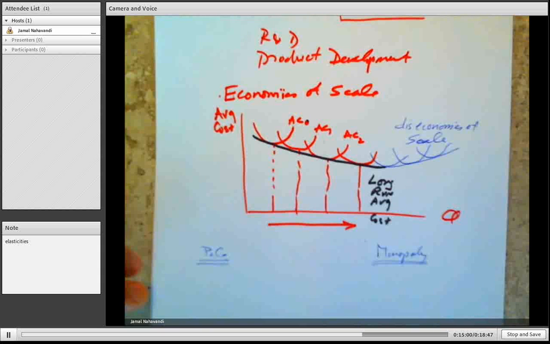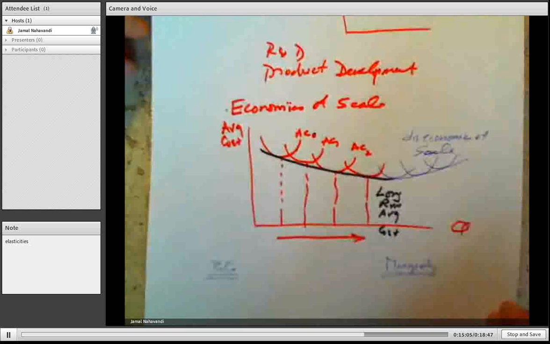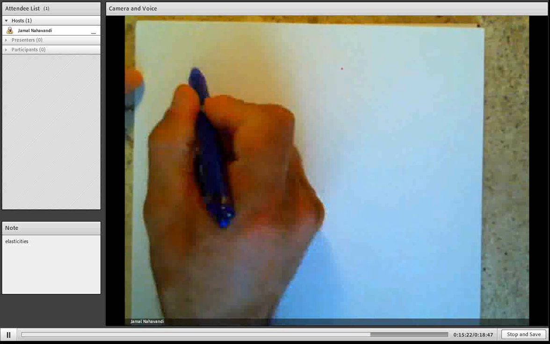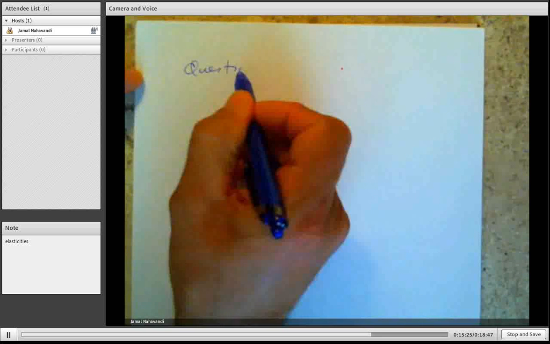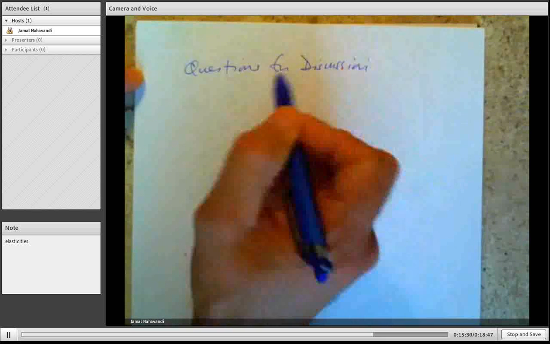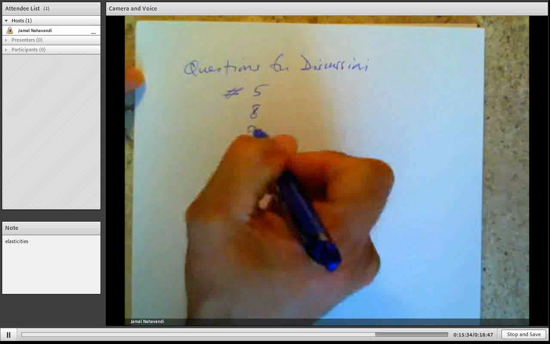So with that discussion, I'm going to pause here and we'll entertain some of the questions for discussion on page 160, and I would encourage you to pause at this point and try to answer. The questions we're going to discuss are questions for discussion, and we're going to discuss question number 5, 8, and 9.